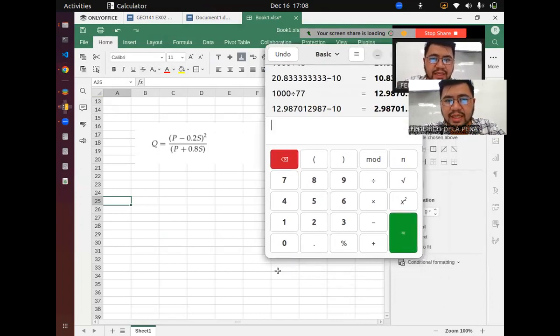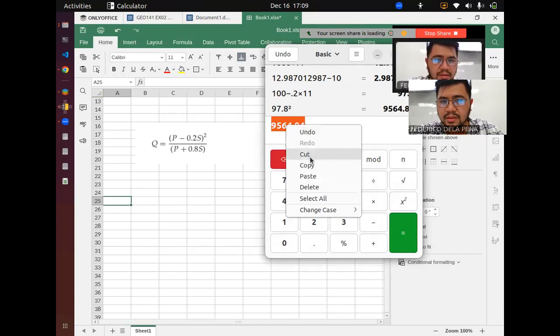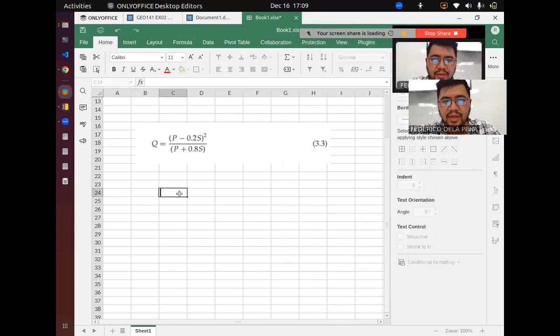So let's say you have 100 inches of precipitation. 100 minus 0.2 multiplied by 11, so 97.8, and you have to square that. 97.8 squared is our numerator.